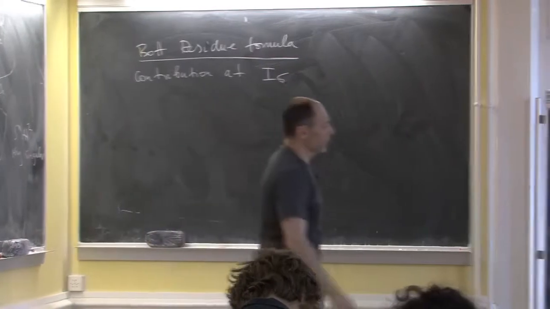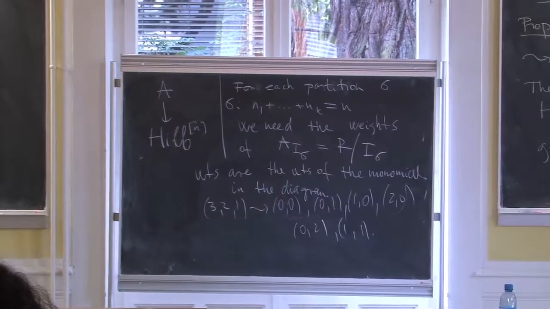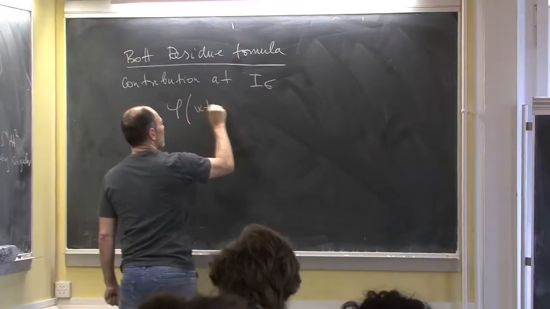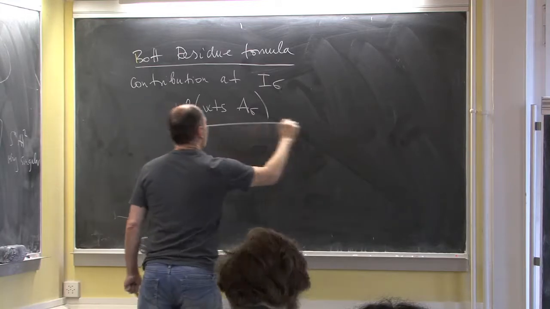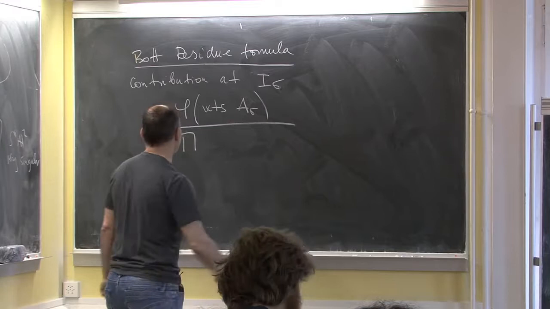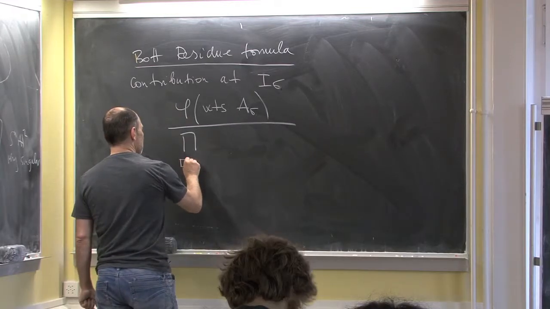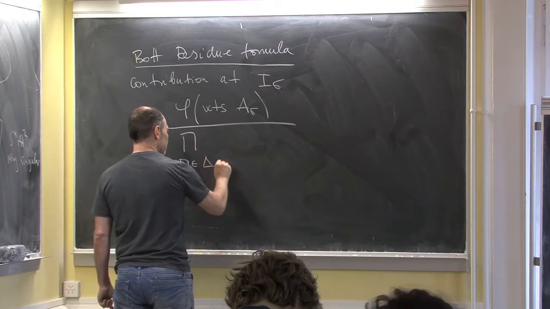Now you know all the weights, so you remember the notation I introduced the last time: you would have some polynomial phi in the weights of this A sigma, divided by the product of all the weights that I introduced, so the product over all squares in the diagram.